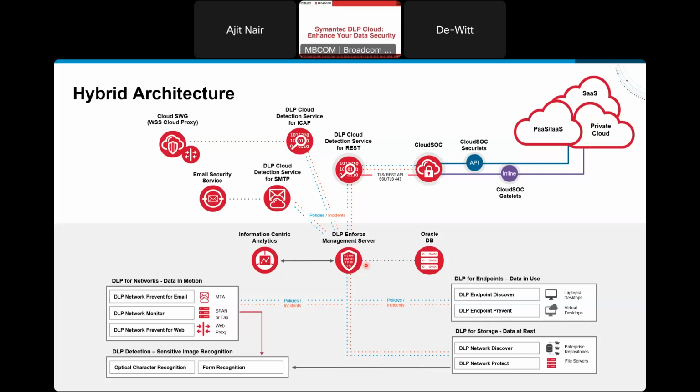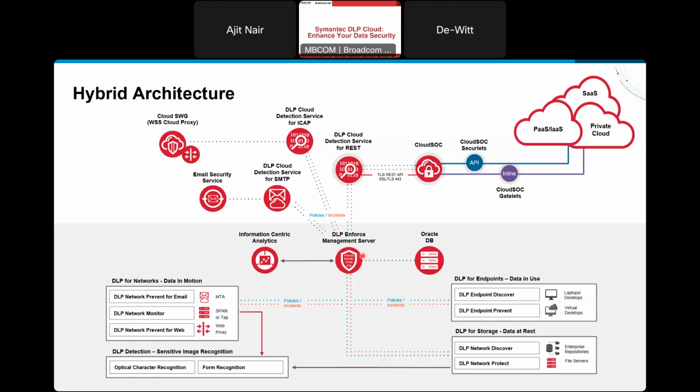So this diagram shown over here includes those secureLets and gatelets. SecureLets are nothing but an API-based mechanism which is used to scan and secure your data at rest in those cloud applications.